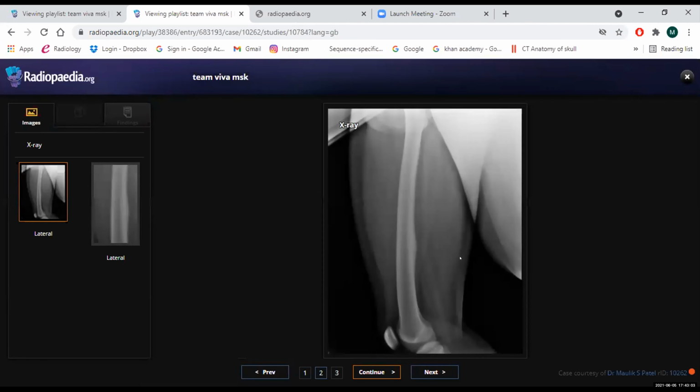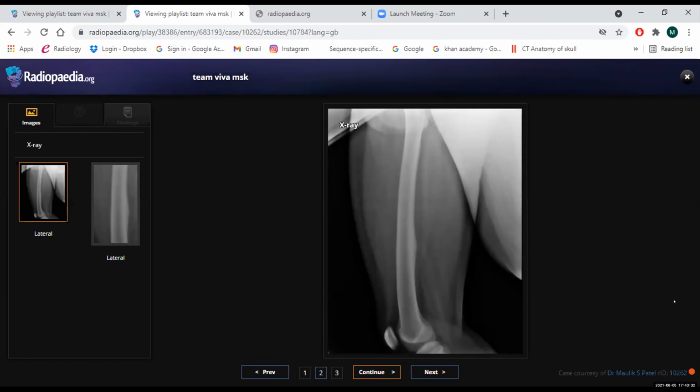Yes, I can see. This is the X-ray of the femur of a skeletally mature patient, and I can see that there is cortical thickening in the diaphysis of the femur. I just want to describe the lesion further.